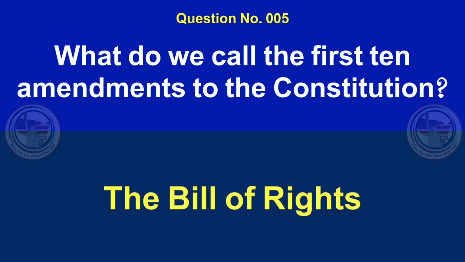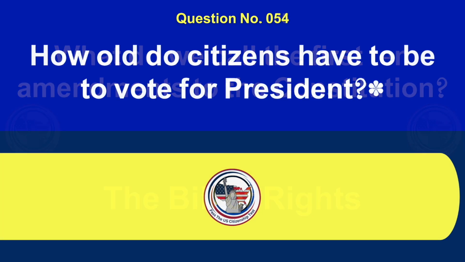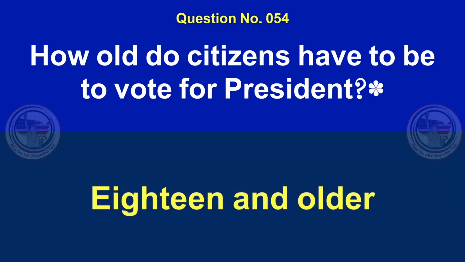The Bill of Rights. How old do citizens have to be to vote for president? 18 and older.